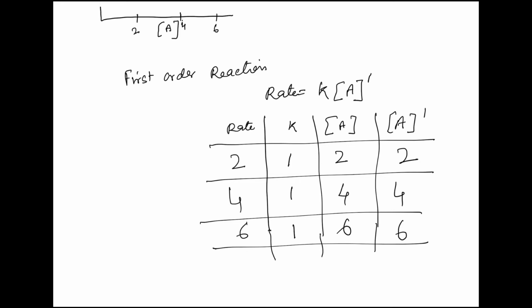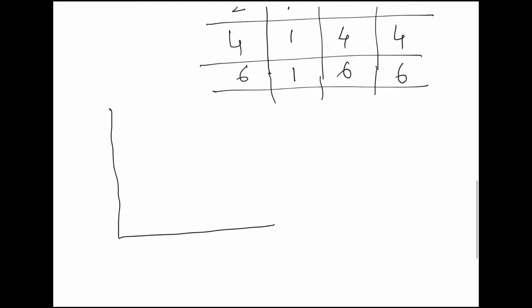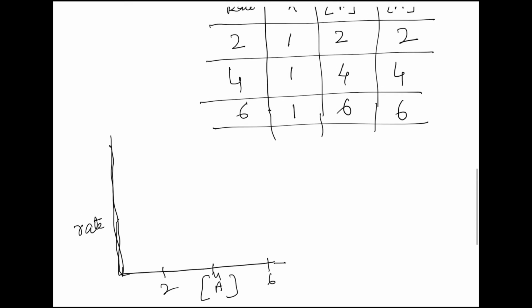Now we draw a graph. This is rate and this is A: 2, 4, 6, and rate is also 2, 4, 6.